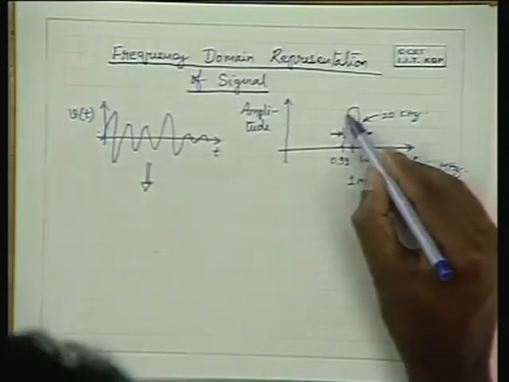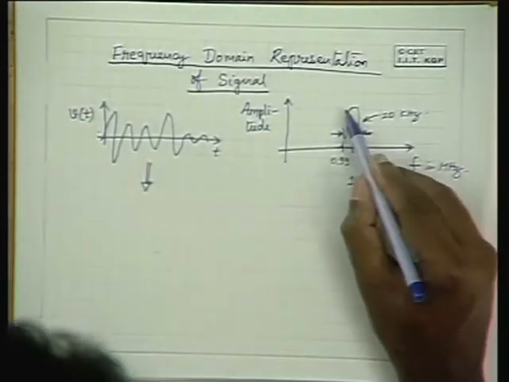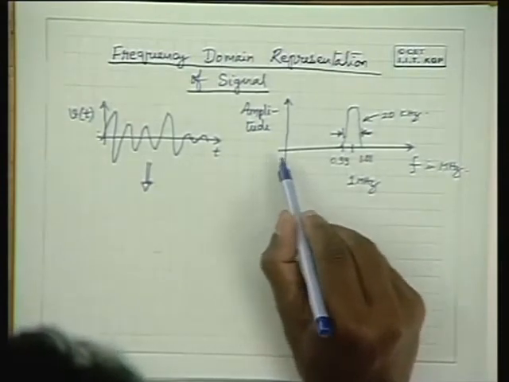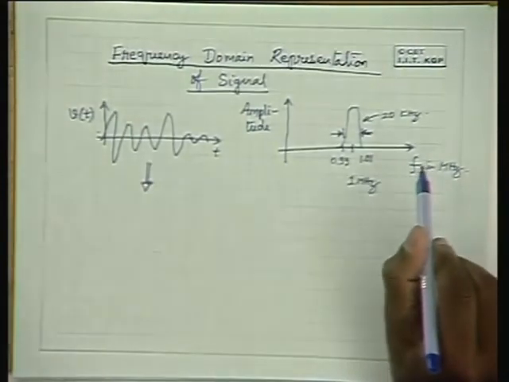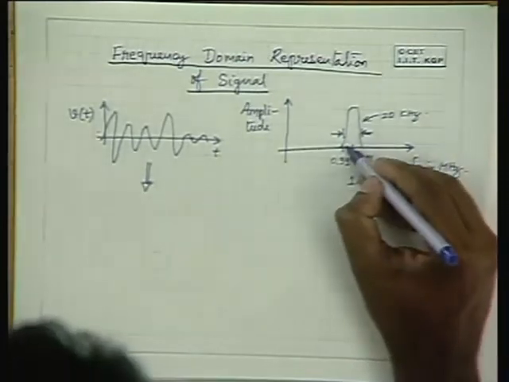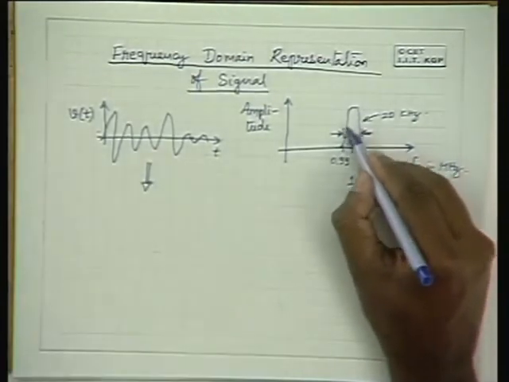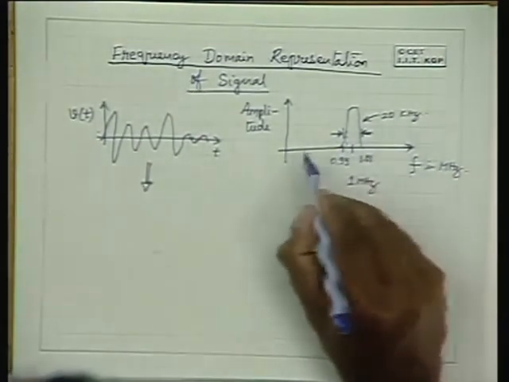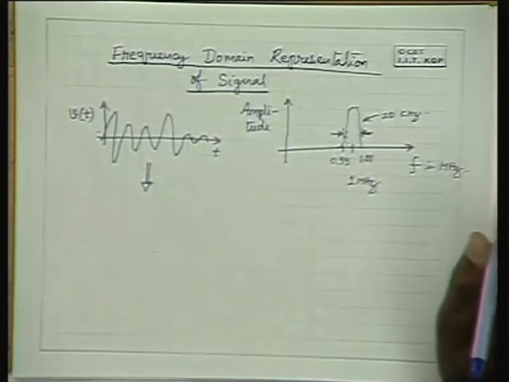Now if you plot the same signal as an amplitude versus frequency plot, that means for each frequency how much amplitude is present in the signal, it becomes the frequency spectrum of the signal.